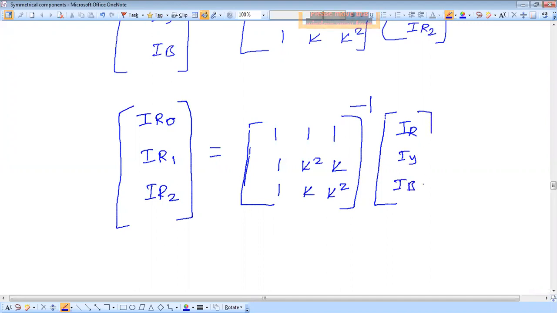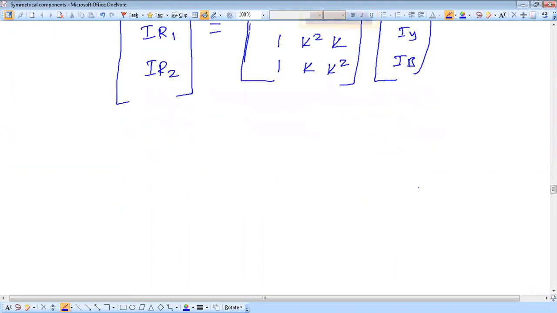Now if you do this inverse, I'm writing the direct matrix.